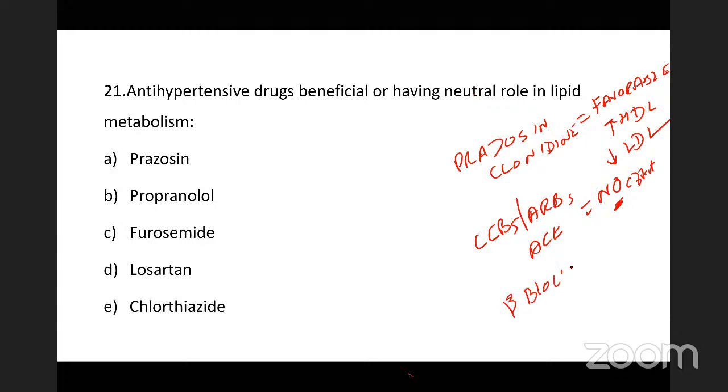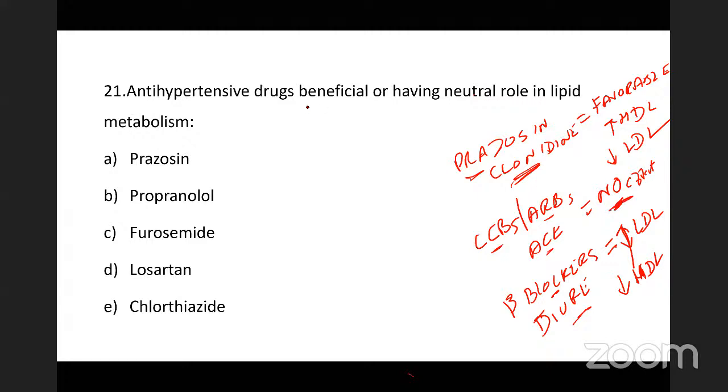Beta blockers and diuretics have an unfavorable lipid profile; these drugs increase the LDL and decrease the HDL. Favorable lipid profile is seen with prazosin and clonidine. Unfavorable lipid profile is seen with beta blockers and diuretics. CCBs, ARBs and ACE inhibitors have no effect on the plasma lipid profile.